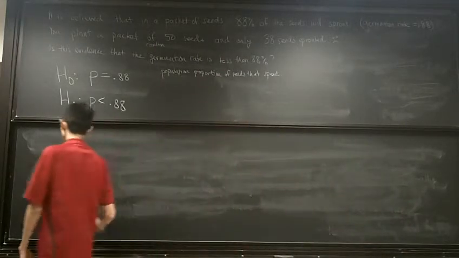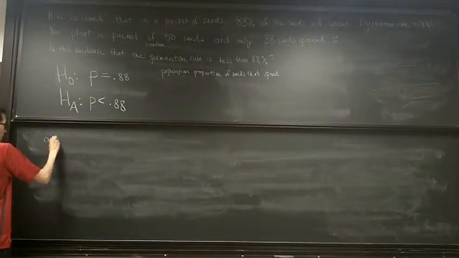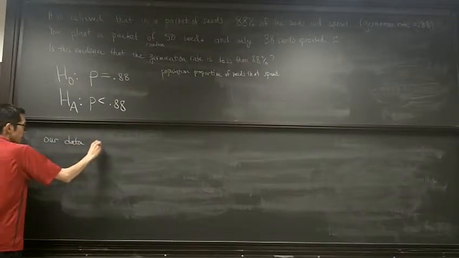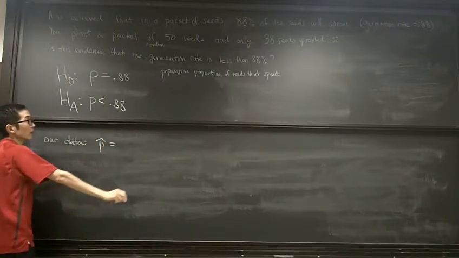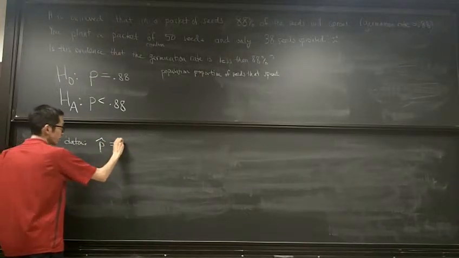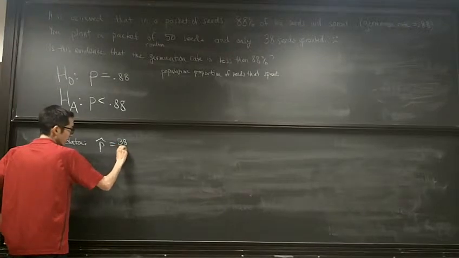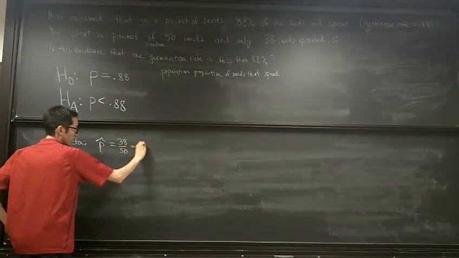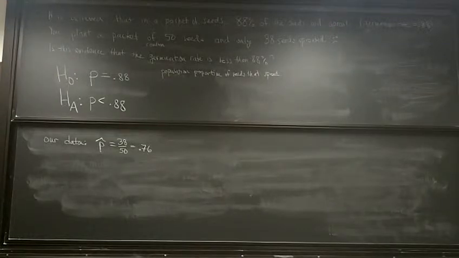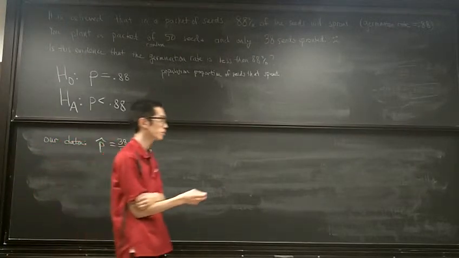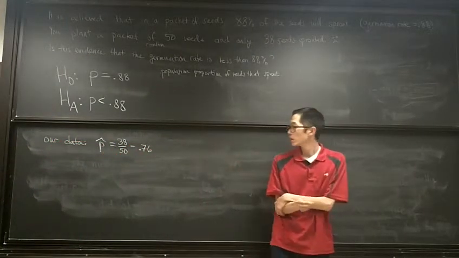From our data, p hat is equal to 38 over 50, and that's 0.76. So our data says p hat is 0.76. Does this mean it's less than P? Maybe not.